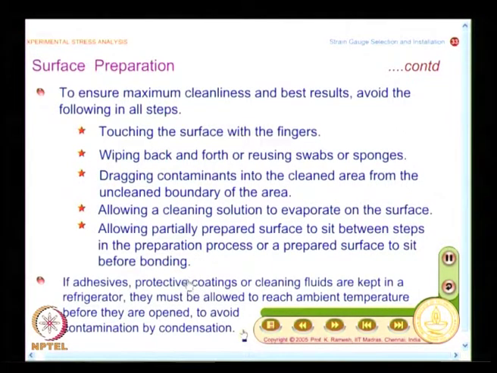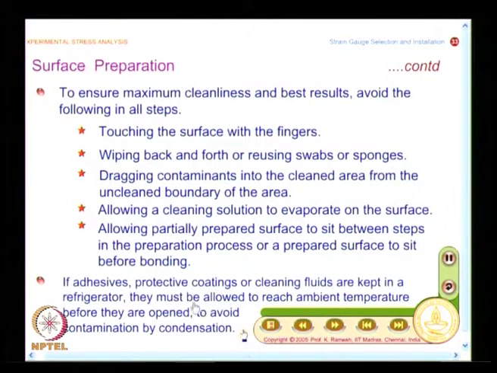And there is also another very practical suggestion given. See, when you buy an adhesive or protective coatings or cleaning fluids, they all have shelf life, and in order to improve the shelf life, you normally keep them refrigerated. And this is a very subtle point.